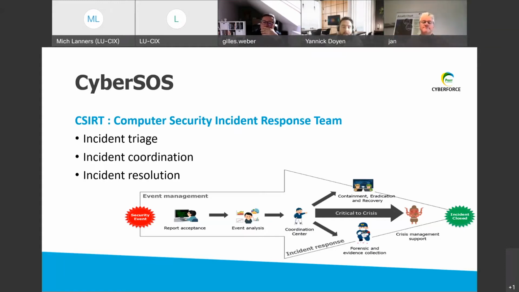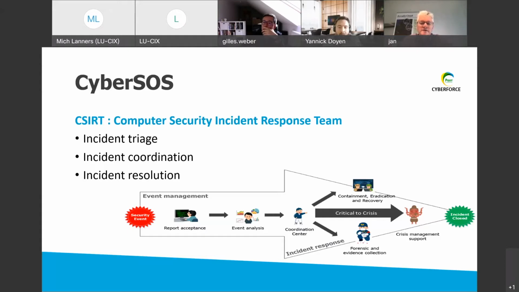We have 3 main tasks for the reactive services. The first one is the incident triage. It consists of the evaluation of the event reported, identification of incidents from events, and identification of fulfillment to trigger this famous critical security incident response plan.